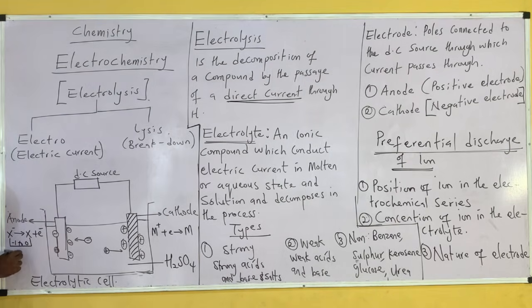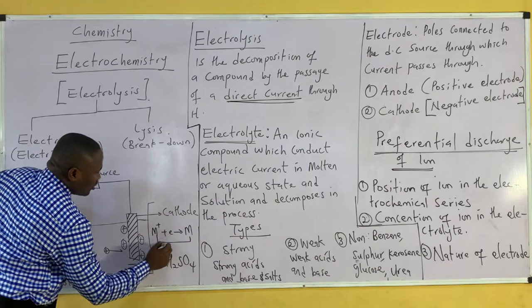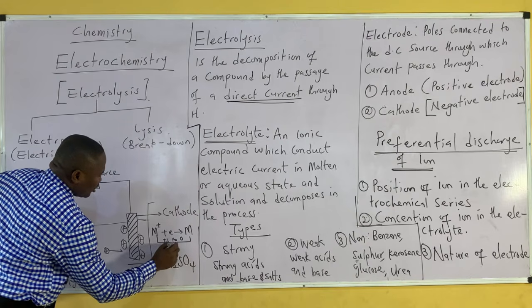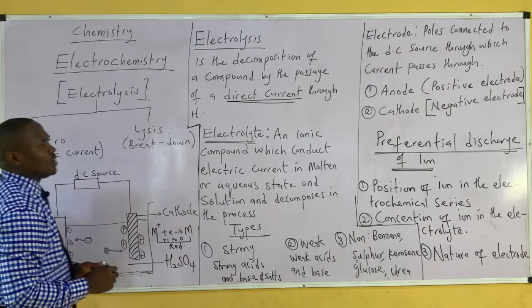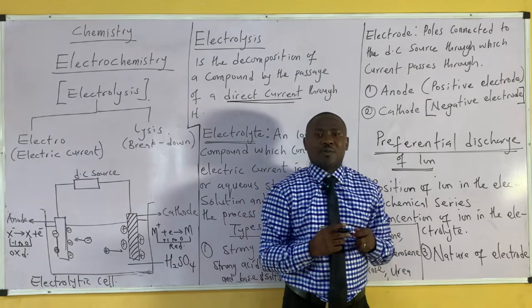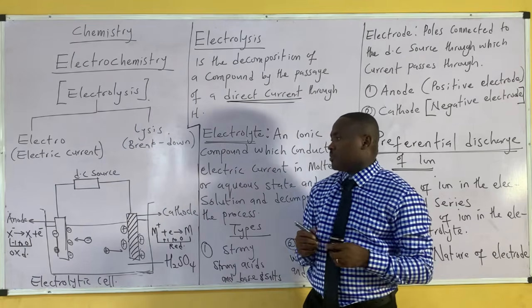This is oxidation, while this is plus 1 to 0, plus 1 to 0. This is reduction. So what are we trying to say? We're trying to say that at the anode, oxidation takes place, but at the cathode, reduction takes place.